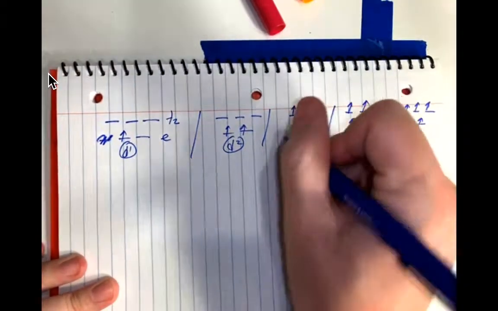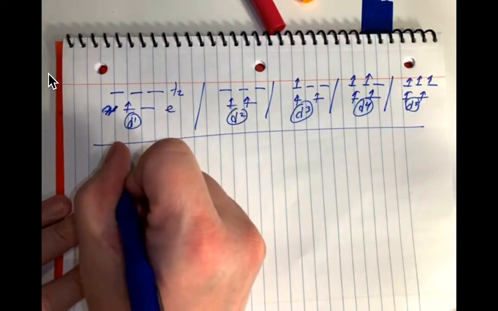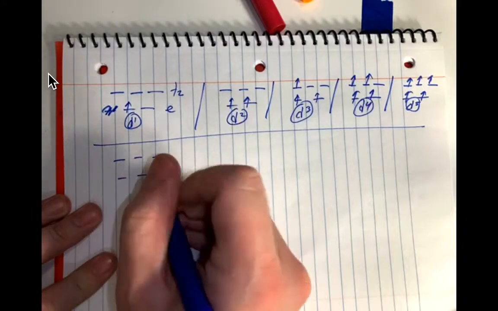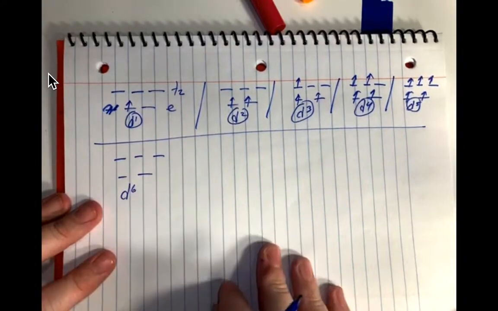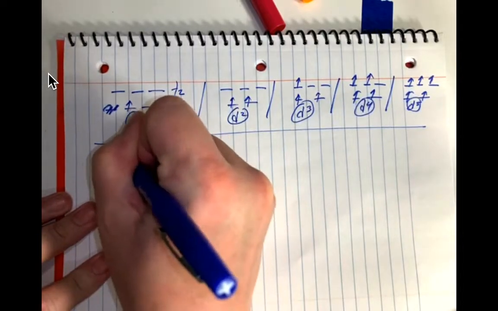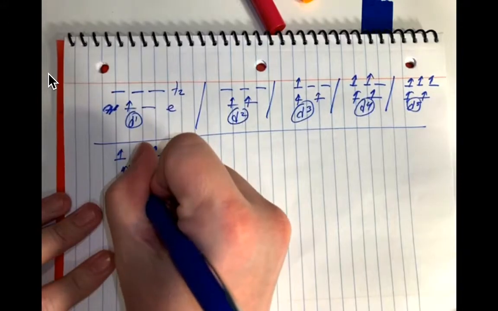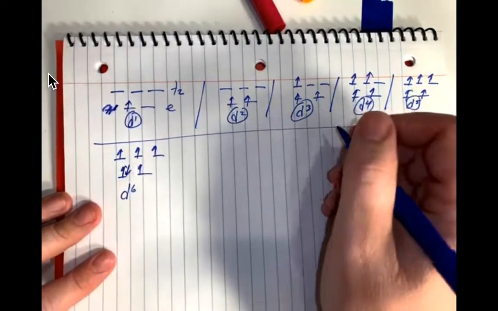d5. d6. So a similar thing happens that happened with octahedral. We go all up first, and then now we have to put one down, and the bottom is better than the top to pair.